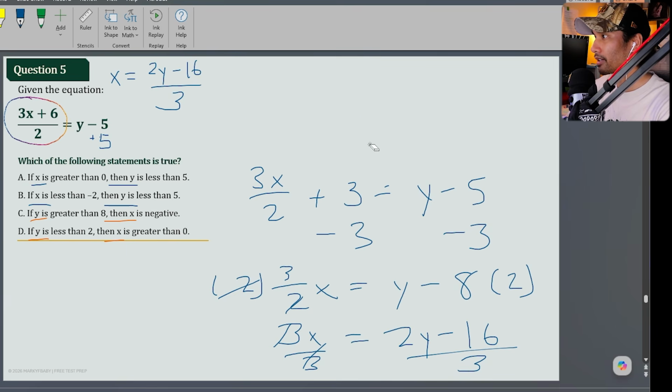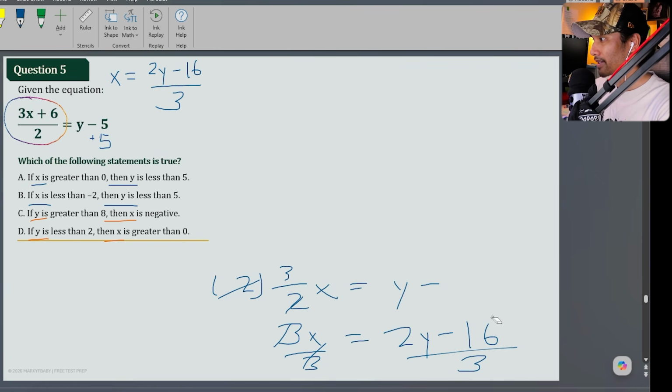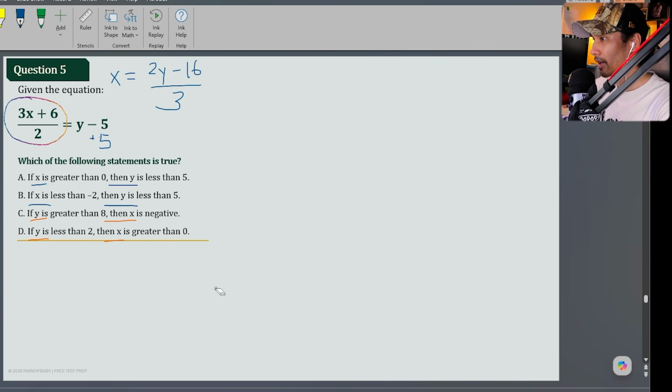I might not even include this in the video if it's messed up. I want to prove that you could arrange the equation to x and y to prove or disprove each answer choice. And I am going to start with answer choice A, just to test it out.